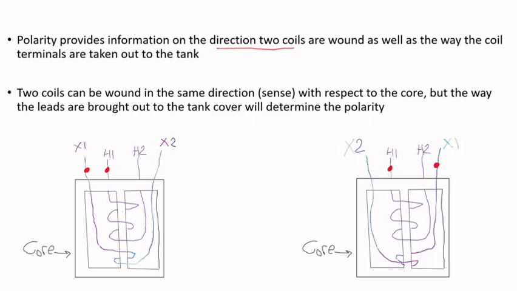So two coils can be wound in the same direction. Sometimes we say direction or sense, like the way they were wound with respect to the core. For simplicity, let's assume core form, because it's simpler.